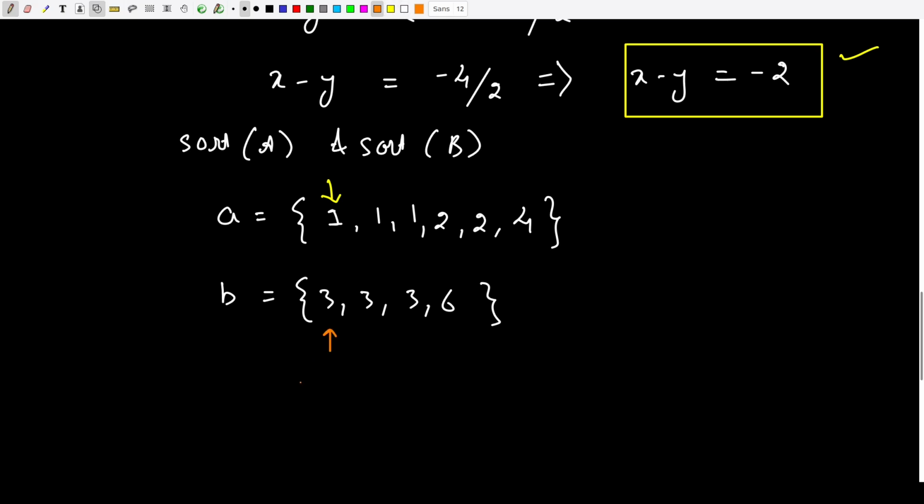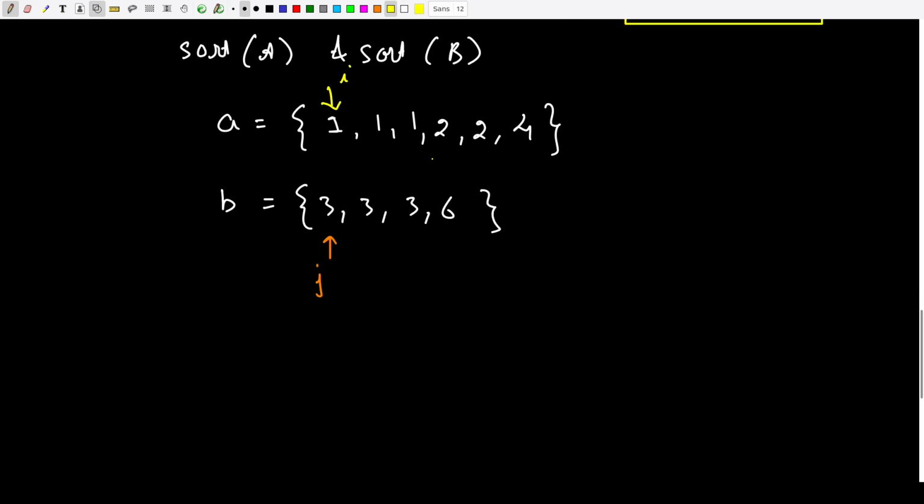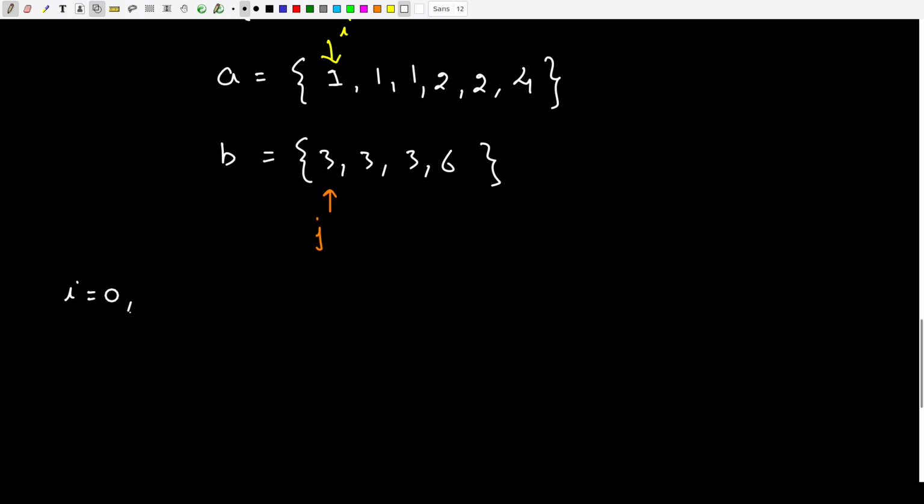Let us say this pointer is i and this pointer is j. So essentially i is equal to 0 and j is equal to 0. And then we are going to iterate on all the elements of arrays A and B. At the ith and jth element, we are going to compute the difference between A[i] and B[j].